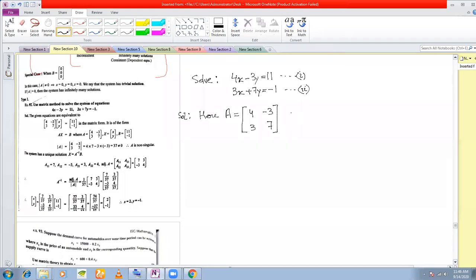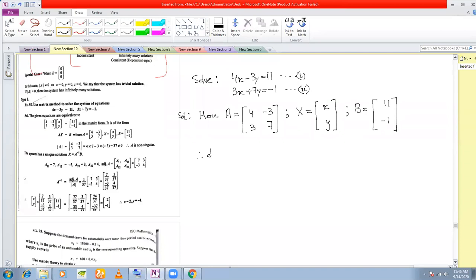And we construct our matrix X. This time matrix X will be a column matrix consisting of only two rows, x and y. And we construct our matrix B, 11 minus 1. You agree with this construction of matrices? Yes, sir.